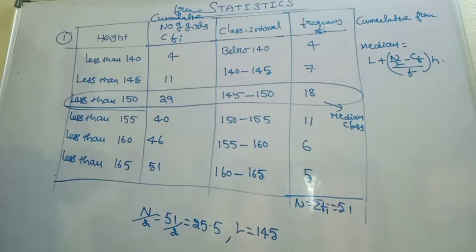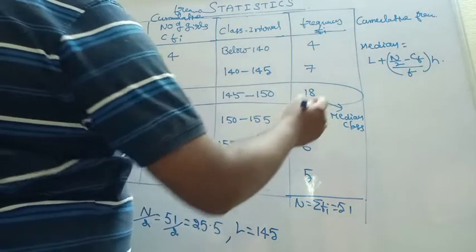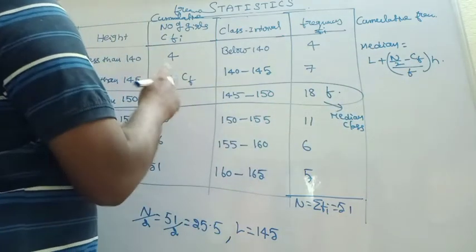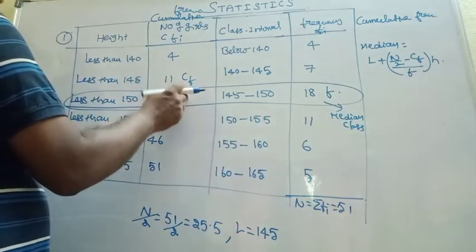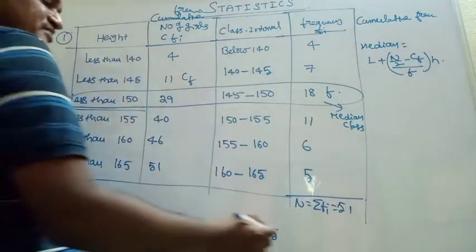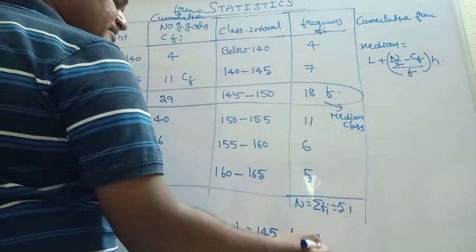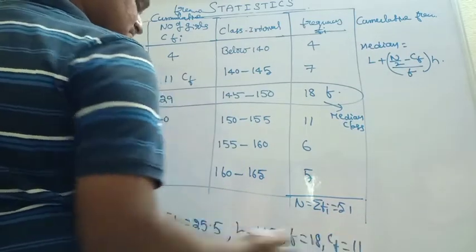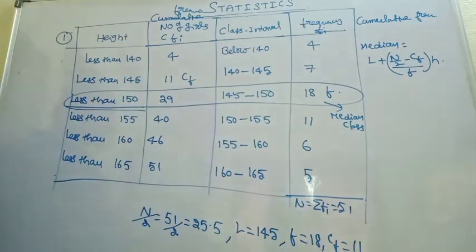Next, we want CF and f. f is the frequency of the median class, and CF is the cumulative frequency of the class preceding the median class. So f is equal to 18, and CF is 11. Then you see we have got all the information.